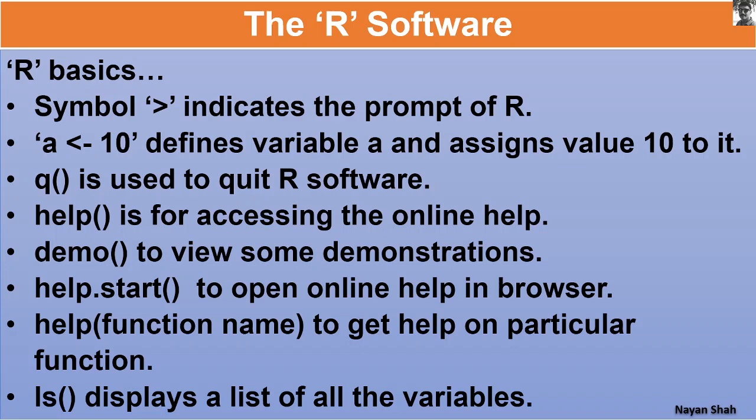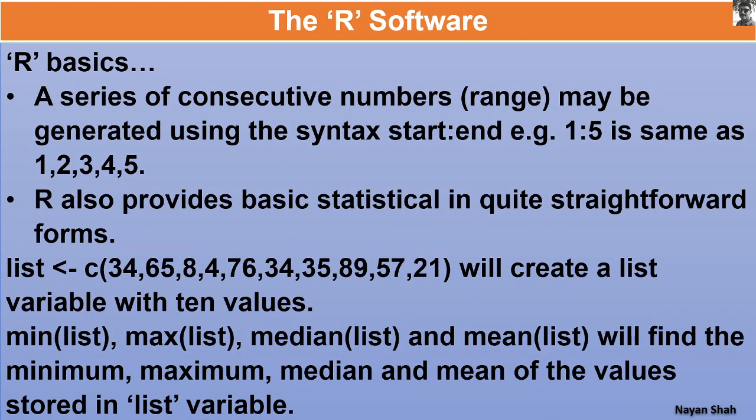Help with a function name will give you help about that particular function. ls, make sure it is ls, small l, small s. The ls function is used to display a list of all the variables defined in the R environment.